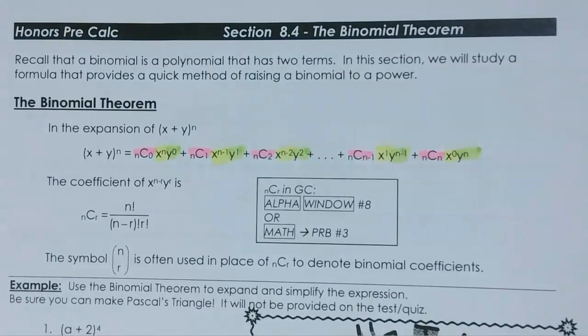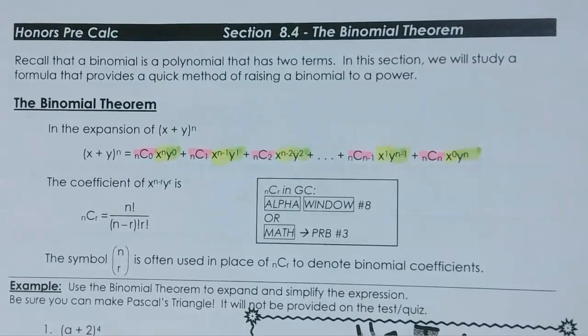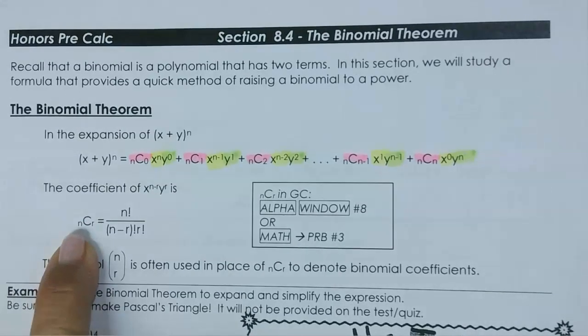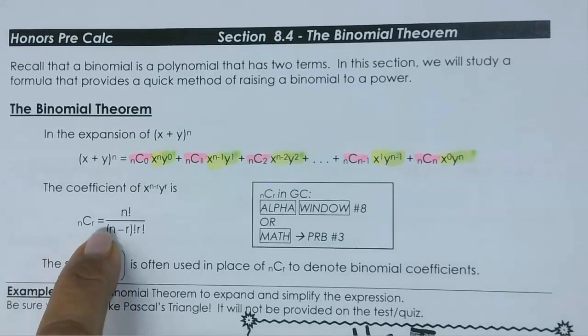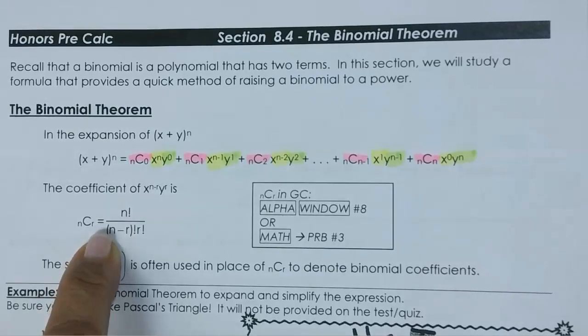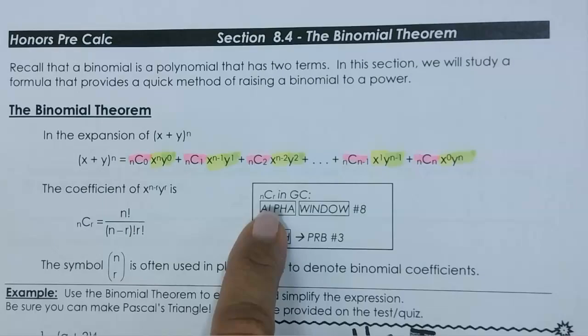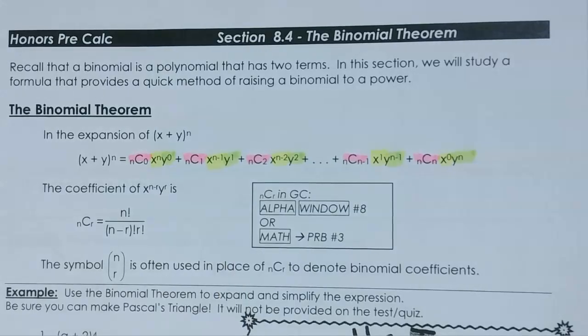Okay, so that value that I've highlighted in pink there, again, is the number of combinations that exist when you have n items and you are combining r of them. You're putting r of them into a group. But there's, of course, an easy way that we can do this in the calculator.